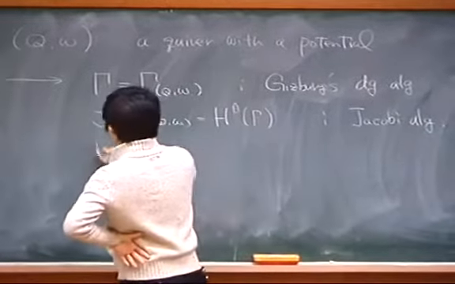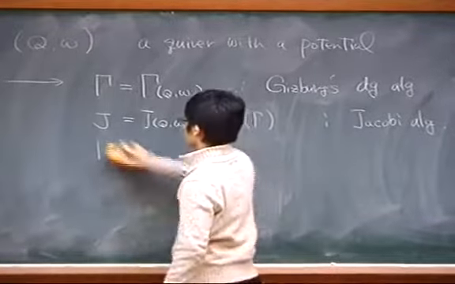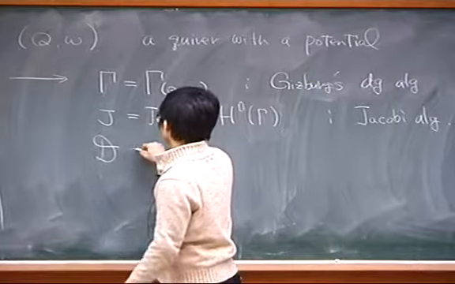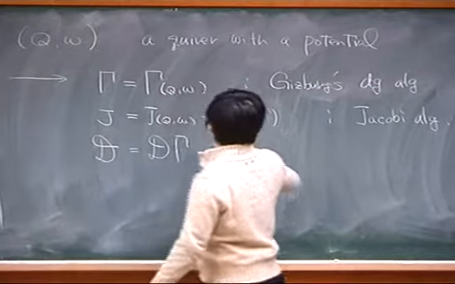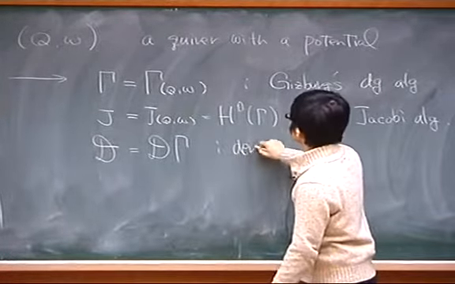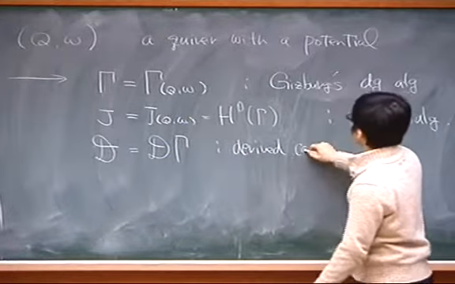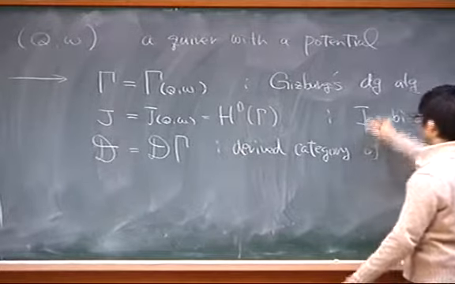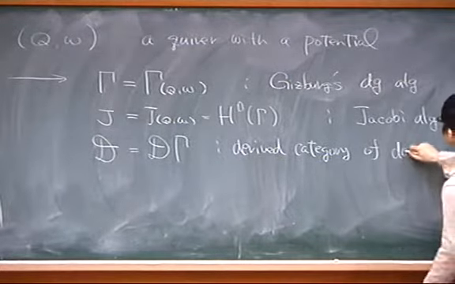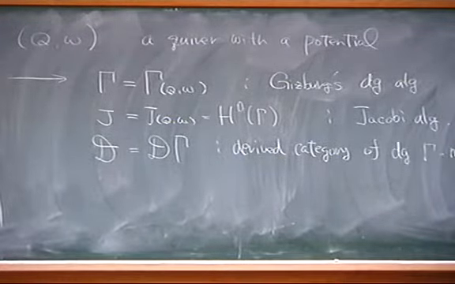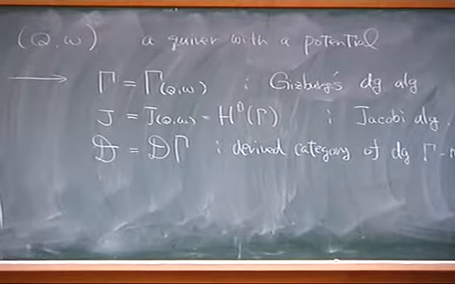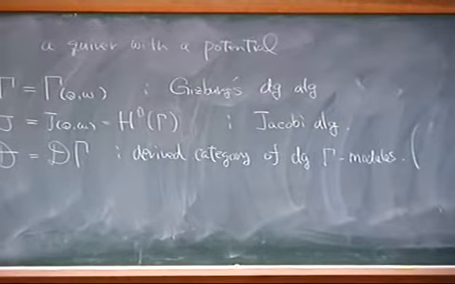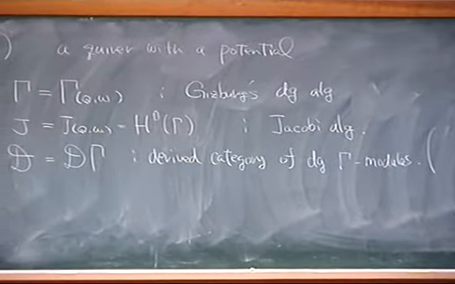And let D be the derived category of DG gamma modules.